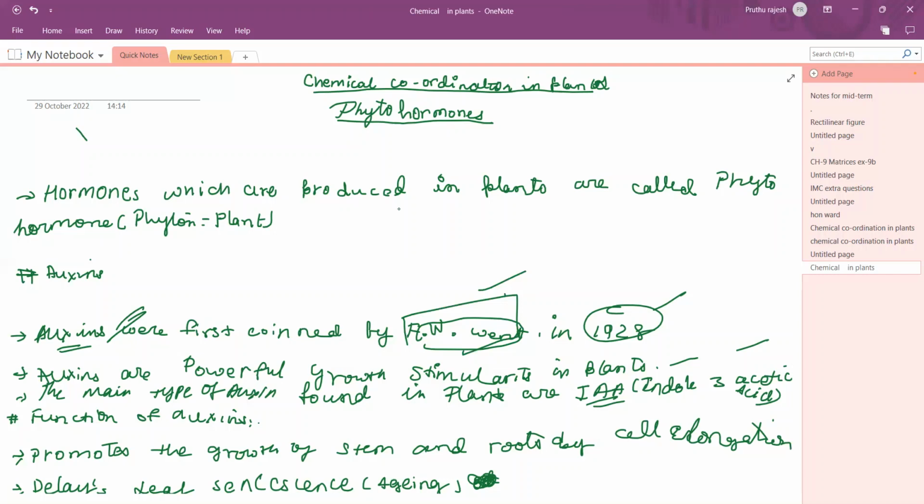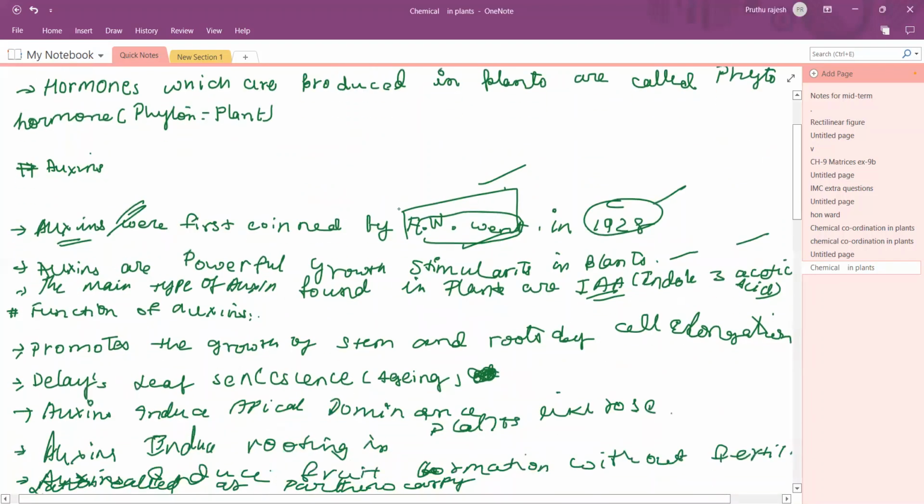Now let's learn about the functions of auxins. Auxins promote growth of stem and roots by cell elongation. Next point, it delays leaf senescence, which means it delays leaf aging. Basically, auxins induce apical dominance. After that, auxins induce rooting in plants like rose.